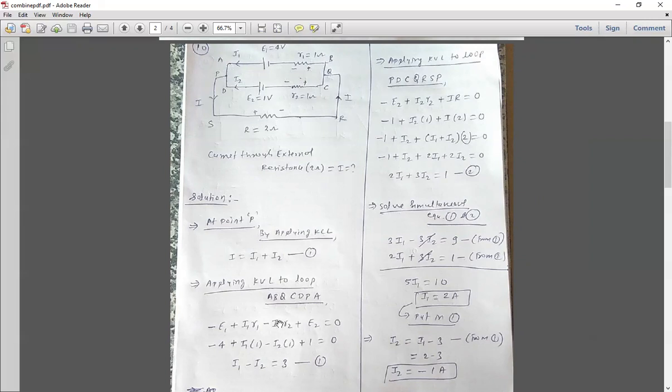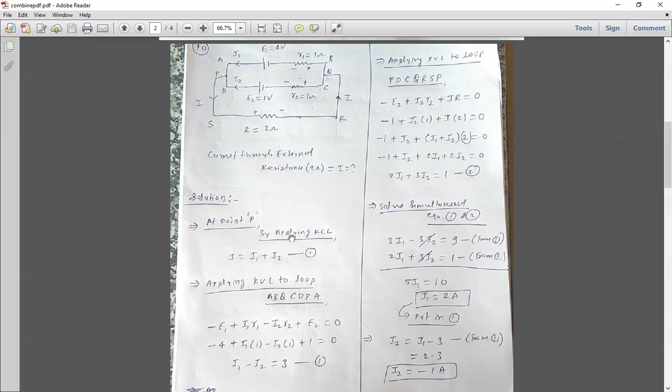So let's come to our loop. As we are moving from A to B by the loop name, positive to negative terminal of the battery, hence minus E1. Minus to plus: the current is I1 and resistance R1, so voltage will be I1 R1, sign will be plus as you are moving from minus to plus.